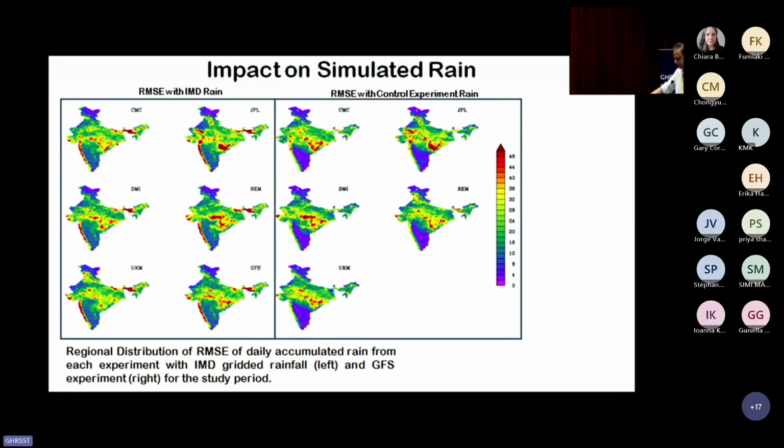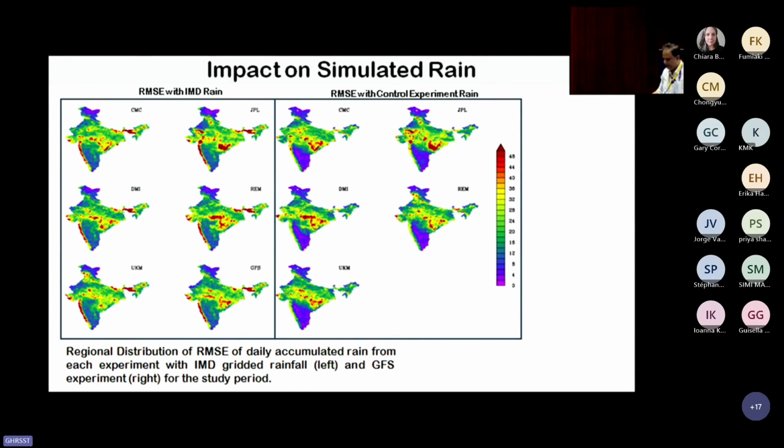You can see that the errors are large if you look at the JPL results, where you see large errors in the Andhra Pradesh and the Orissa region, and in the REMSS product, you have large errors in the central Indian region.